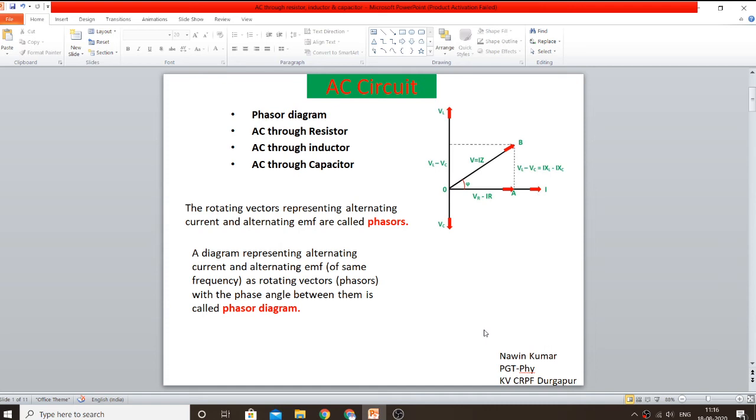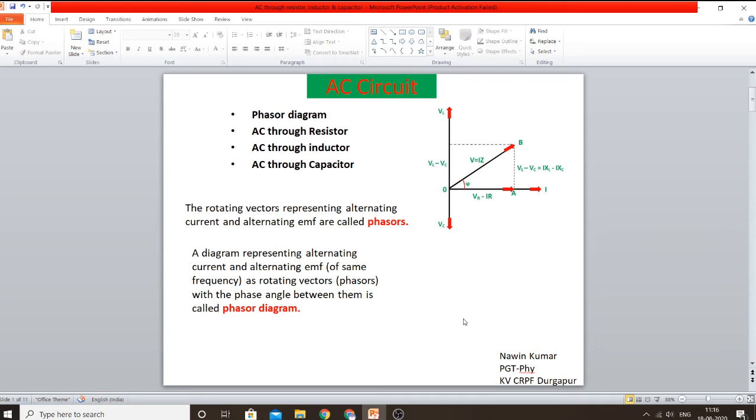But to understand the AC circuit, it is easier to study the AC circuit by phasor diagram. In class 11, we have studied about scalar and vector.